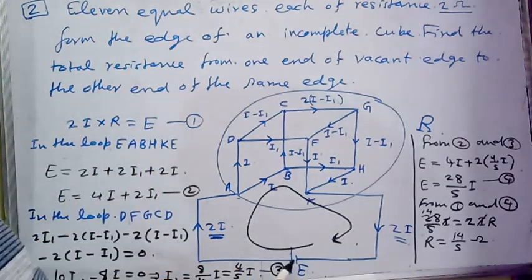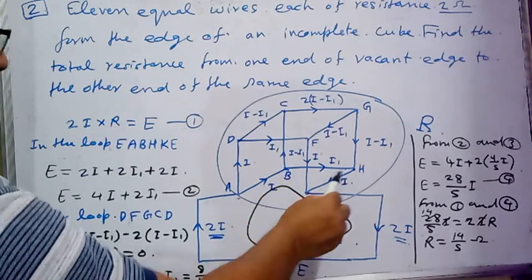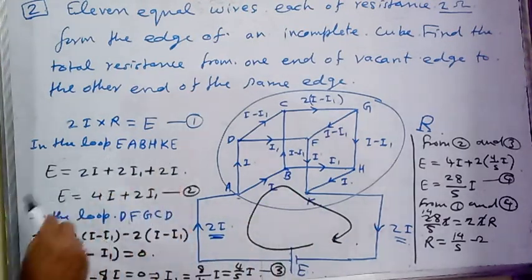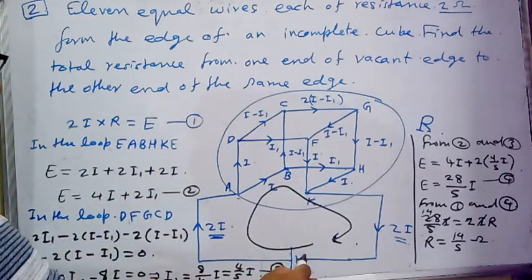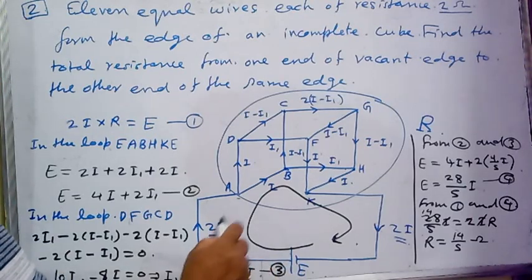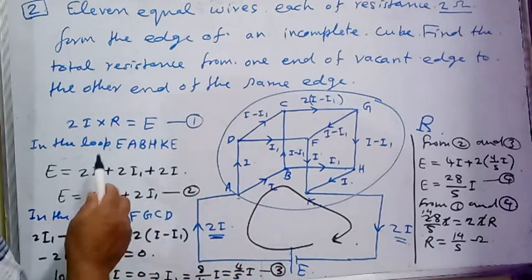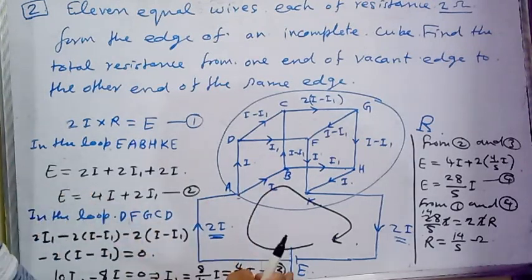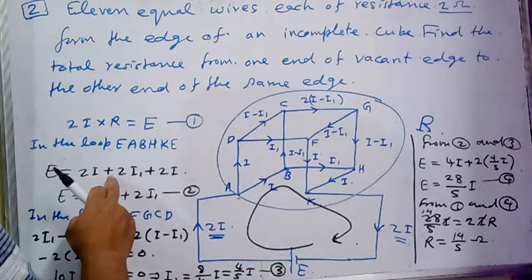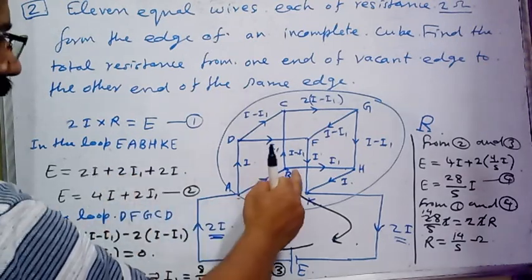Now in the second path EABHKE, in this path you can see the EMF, we are moving from the negative terminal towards the positive. Current I is flowing through this path, the resistance of this path is 2 ohm, so we can write E, taken to be positive, equal to 2 into I plus 2I1.